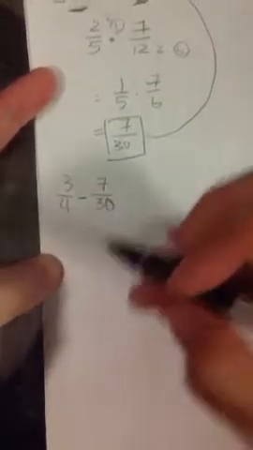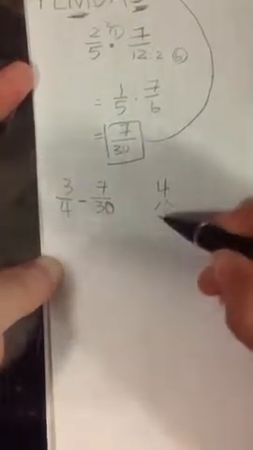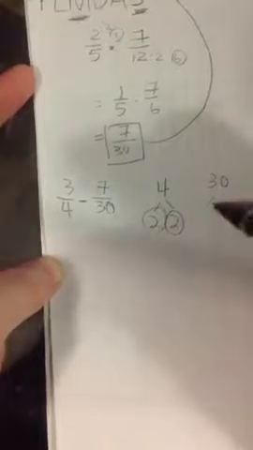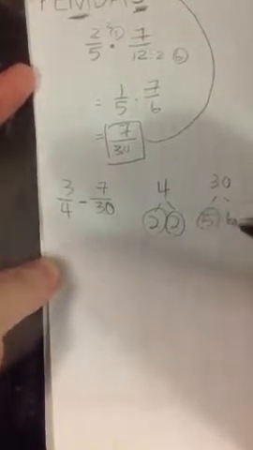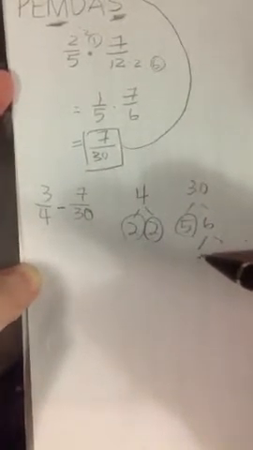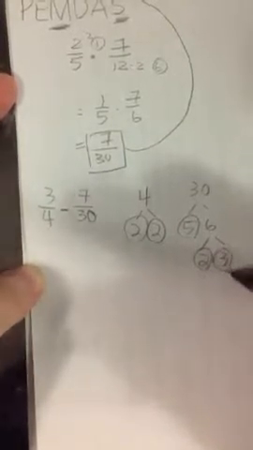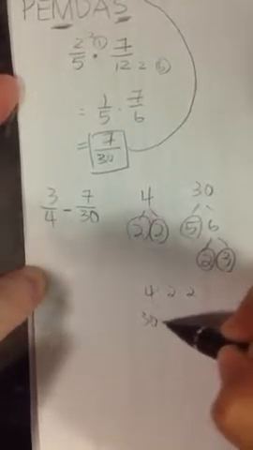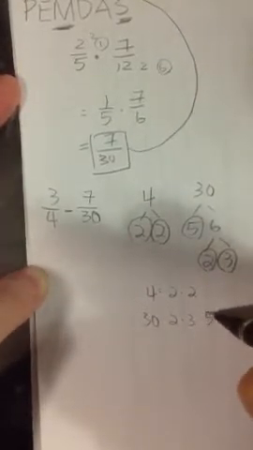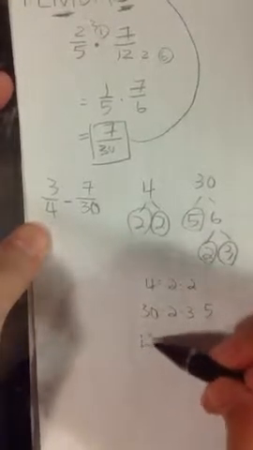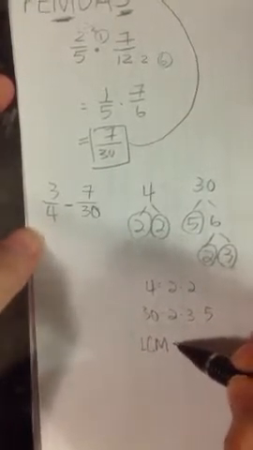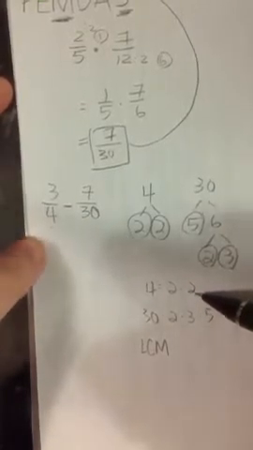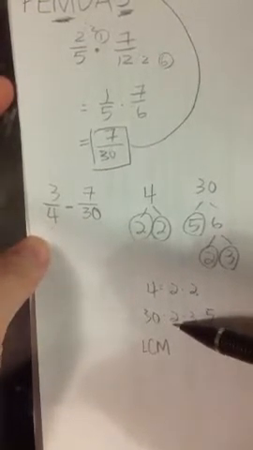So if we do our prime factorization, 4 is 2 times 2, prime, stop. 30 is 5 times 6, 6 is not a prime, so I have to keep going. 2 times 3, prime, stop. 4 is 2 times 2, 30 is 2 times 3 times 5. I need to know what is my least common multiple, or least common denominator. I have 2 two times for the first group, and 2 one time for the second group.